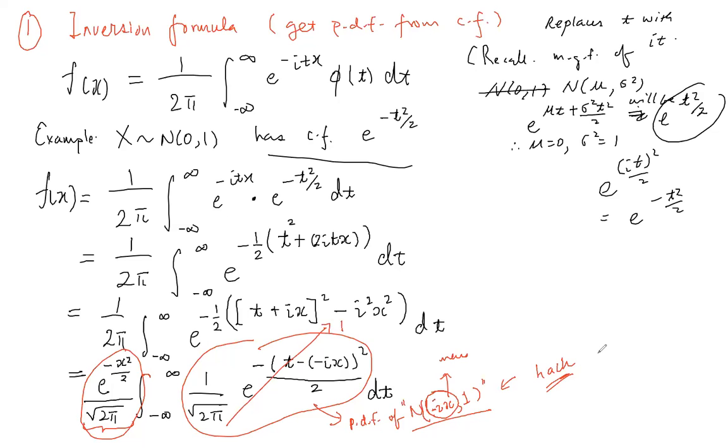Okay, so this is for normal, and this one is for exponential. Exponential with mean 1. Its characteristic function is 1 over 1 minus it.